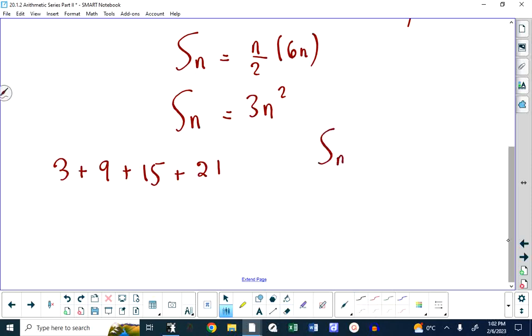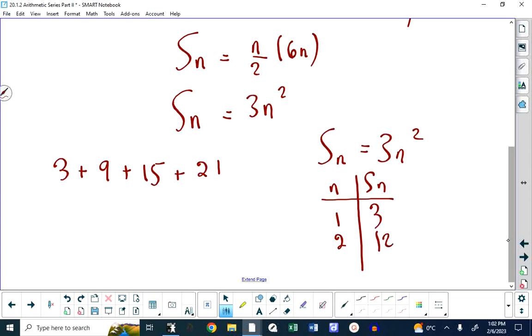I'm actually kind of amazed by this, and I'm serious. This is used to find the sum of any number of terms. If I put 1 in here, I get 3 times 1 squared, which is 3. Yeah? Work out what you get when you put 2 in here. 12, right?